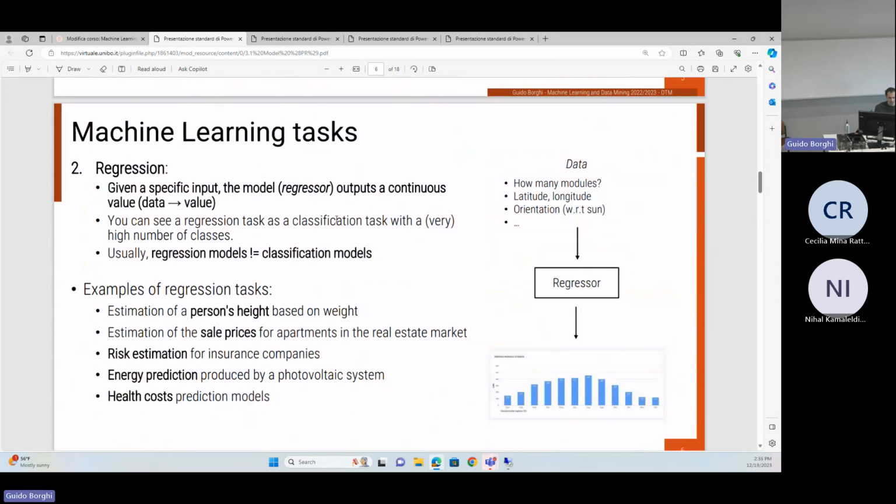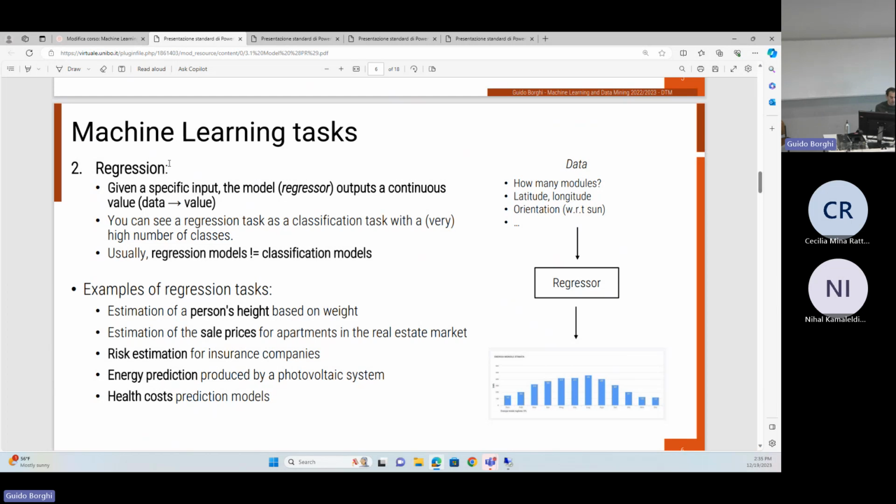we have seen that the regression task is a task in which we have a regressor that outputs a continuous value. So in input, we have some numeric data, an image, or something similar. In output, we have a continuous value.